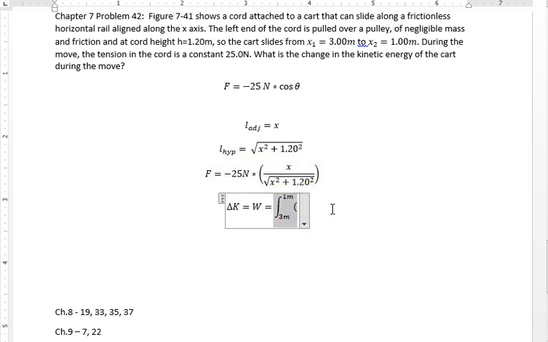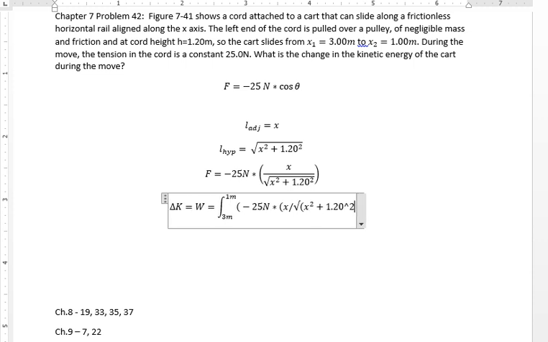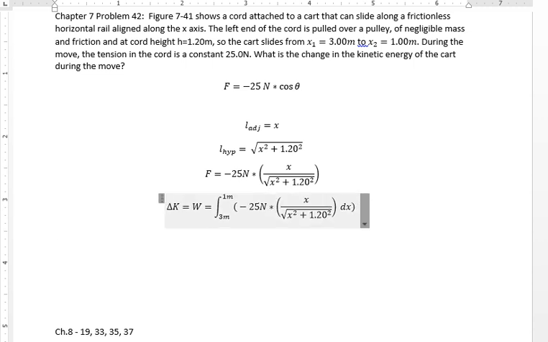So from 3 meters to 1 meter of minus 25 newtons times x divided by the square root of x squared plus 1.20 squared dx. That's the integral we have to do to find how much work was done, and thus the change in kinetic energy of this block.